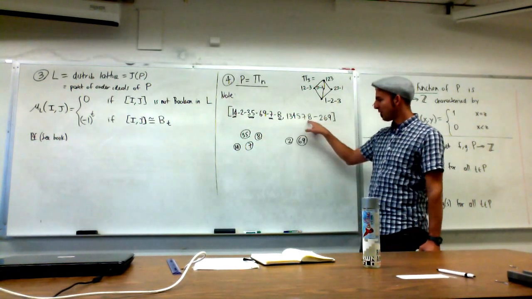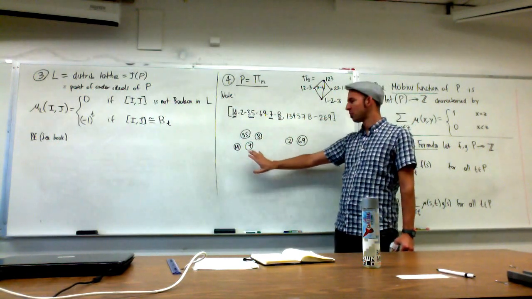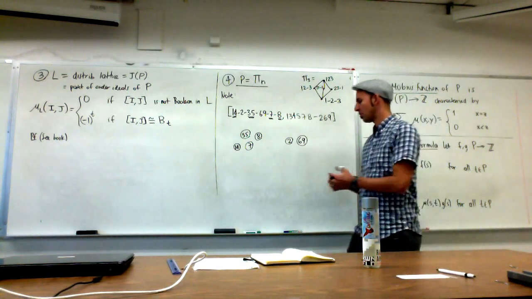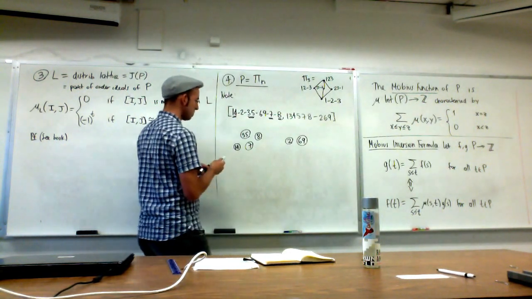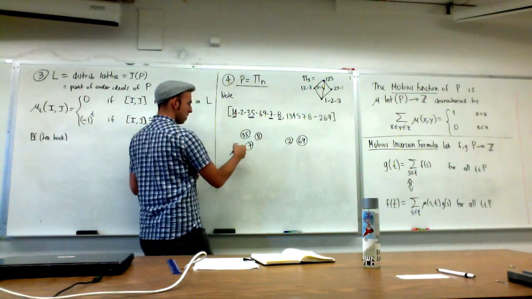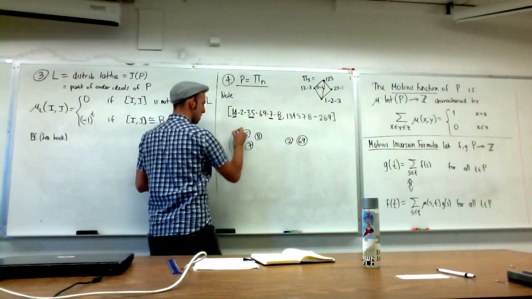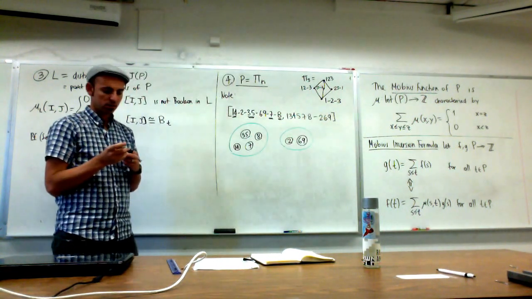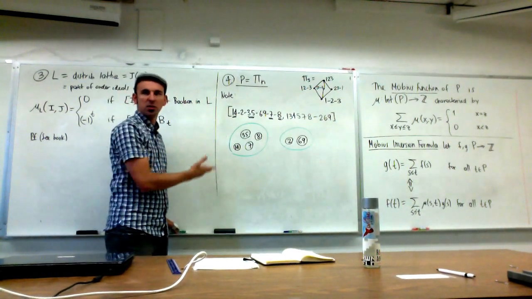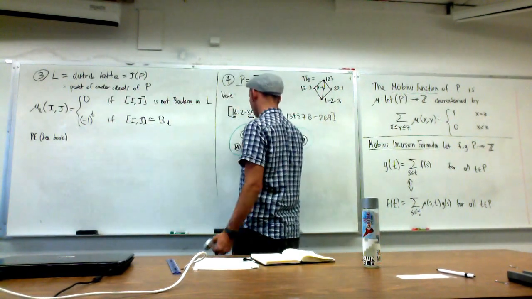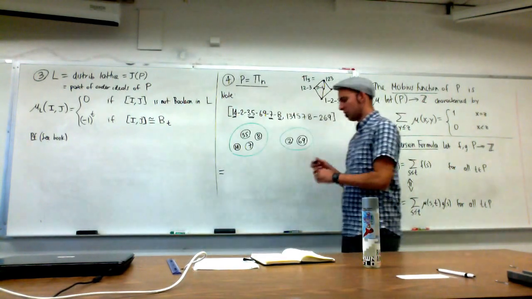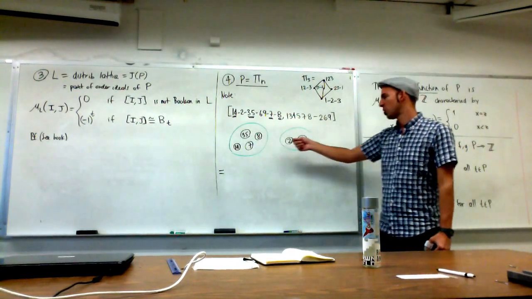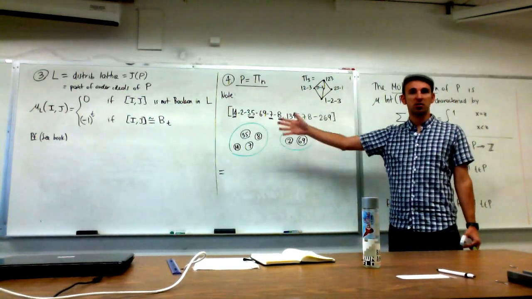But to be finer than this one, you can only merge blocks over here. You cannot merge 3, 5 with 2, right? In other words, the black partition is the left partition, and this green partition is this partition, right? So how do you get the partitions that are in between? Well, basically, you just merge things here as much as you want, and you merge things here as much as you want, but they don't interact with each other.